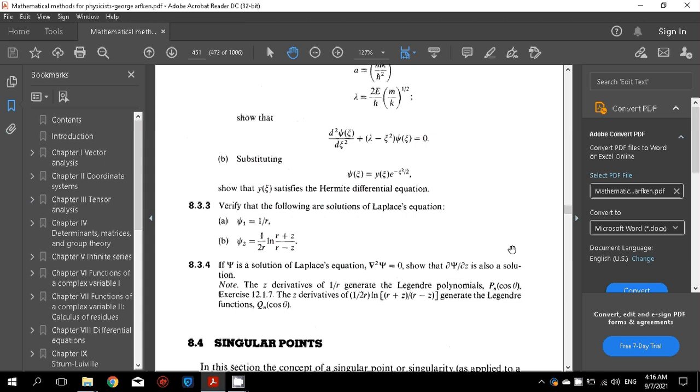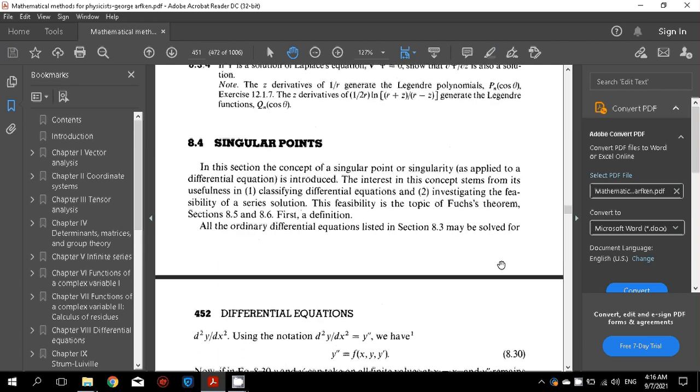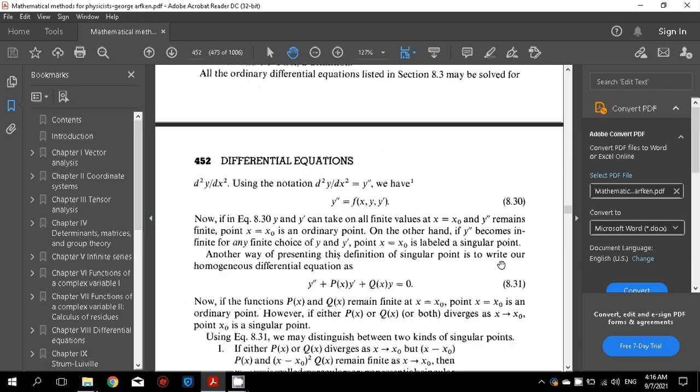Okay, so after this step that you have converted the partial differential equation into a set of ordinary differential equations, now moving towards the solution, we have to consider an important topic, which is singular points. Singular points are the points of a differential equation, and here is the description of singular points. This is the most general form of a differential equation of second order, equation 8.31.